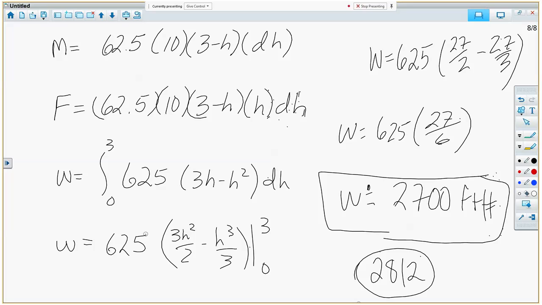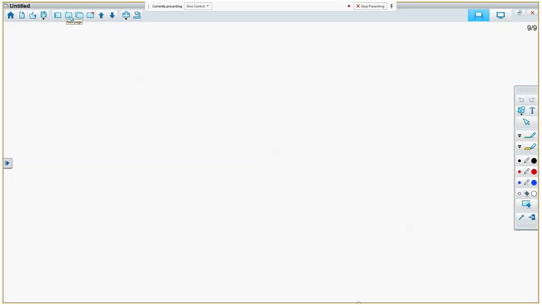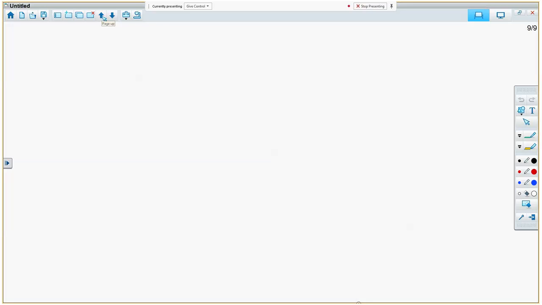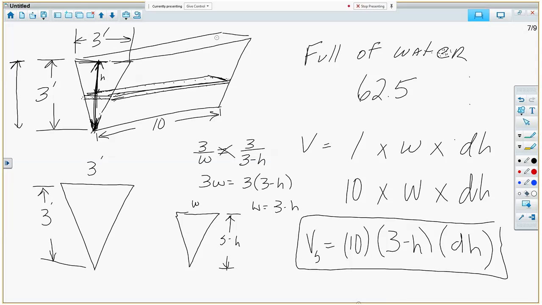Okay. Now, what am I going to add to it? Well, don't make it too difficult. I don't need you to go in and try to figure out the whole thing. All I want you to do is tell me if I changed. Hold on a minute. If I put a spout up here, 2 foot higher.